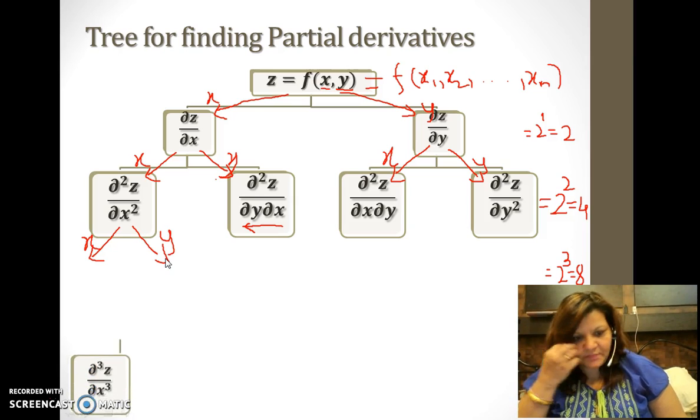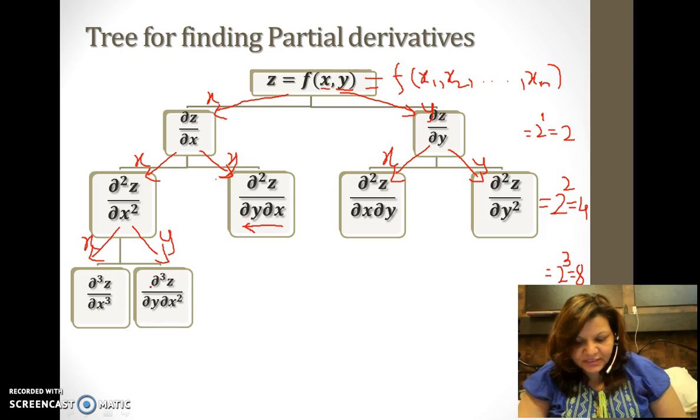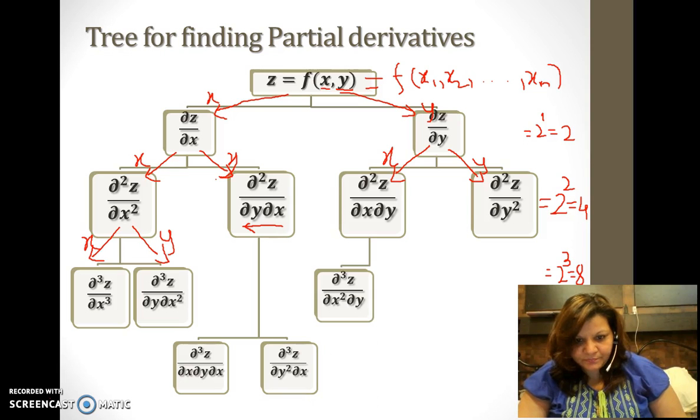So let us see what they are. This is dou cube z by dou x cube. You can see that z is differentiated partially with respect to x, again x and again x, therefore you have x cube. So I can just go ahead and give you all the partial derivatives here now.